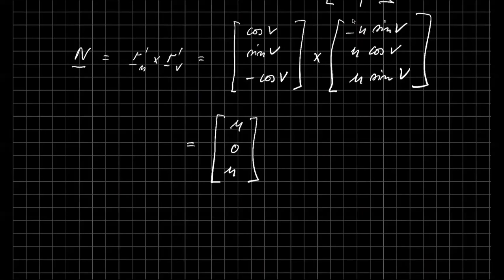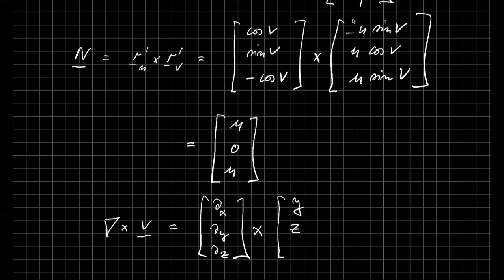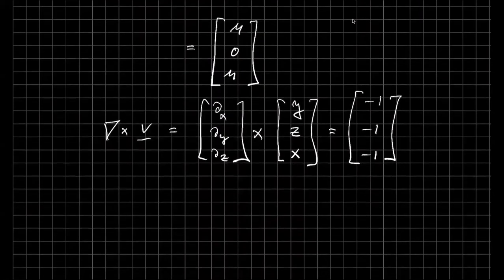And when you calculate the flux, you need the curl of the field, the del cross y, z, x. When you compute this, you get minus 1, minus 1, minus 1. So it's a constant vector.